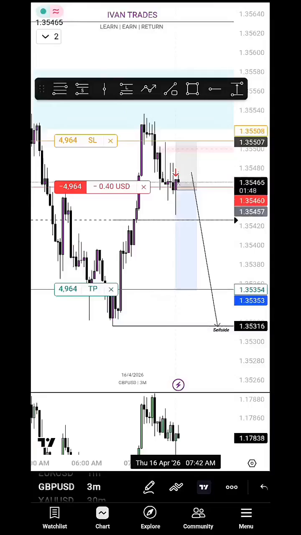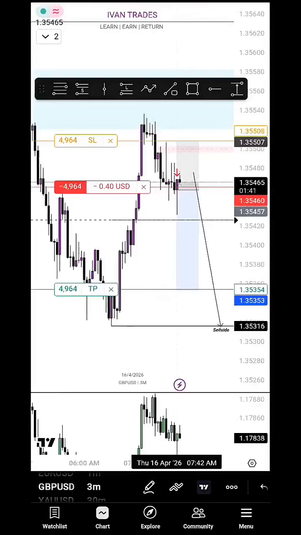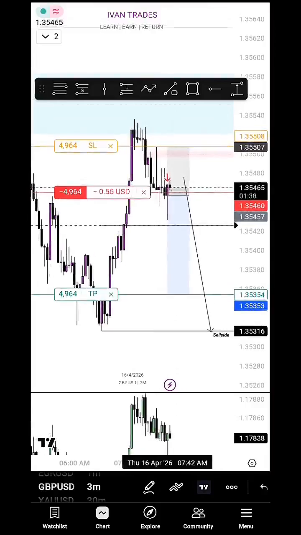I want to see how EURUSD is behaving. It also opened low.